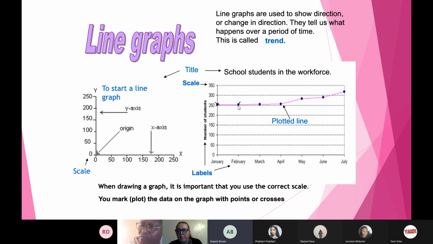The reason being is that when you're using your ruler to draw, you're lining up easily. You're lining up between where it crosses over the points with your ruler when you're plotting the line. And you always draw your line through your points or your X's.